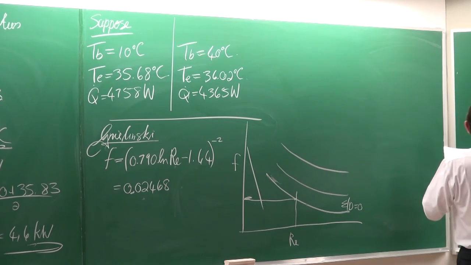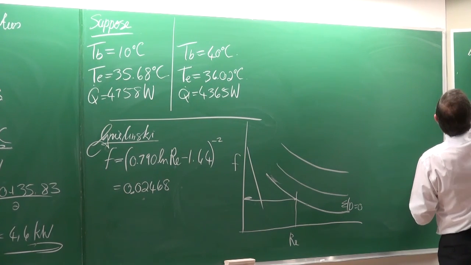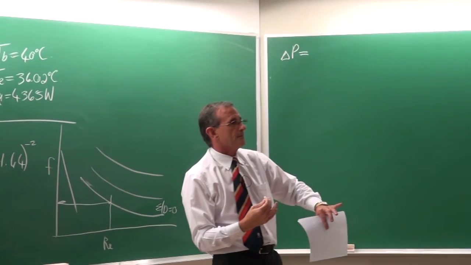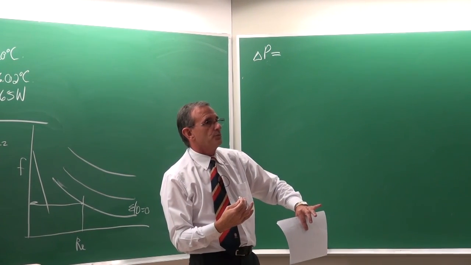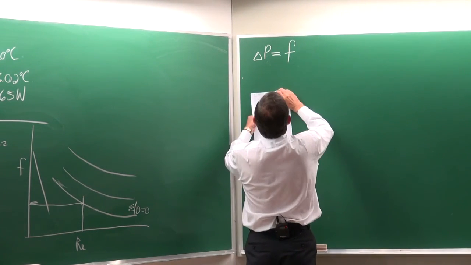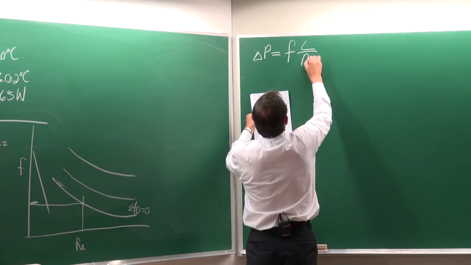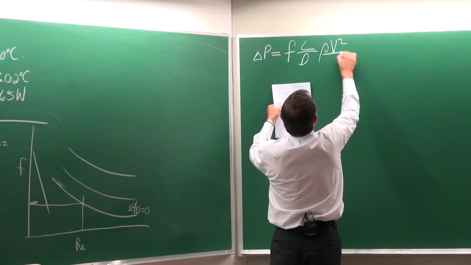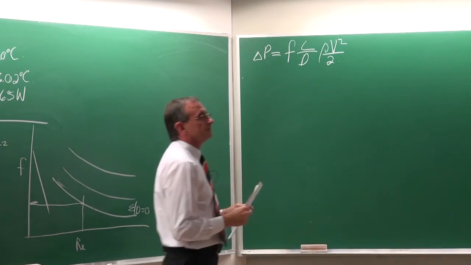Right, now we can calculate the pressure drop through the tube. The pressure drop through the tube is equal to the friction factor multiplied by the length divided by the diameter, times rho v squared divided by 2.